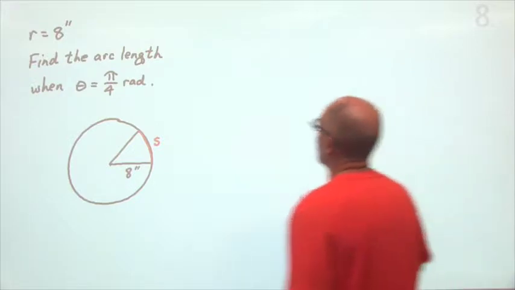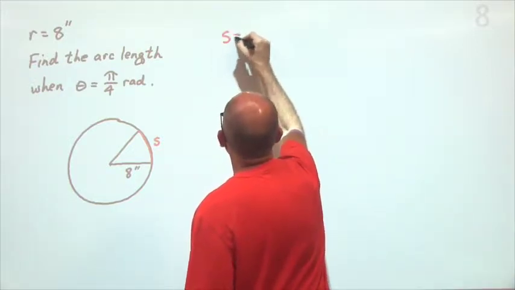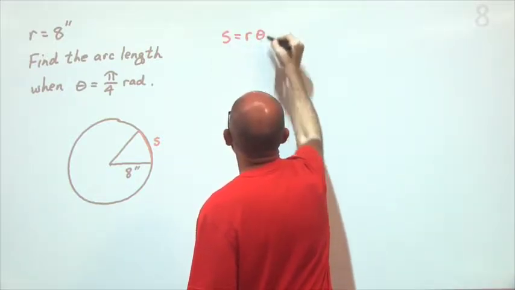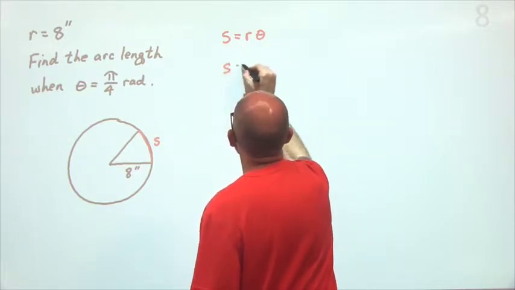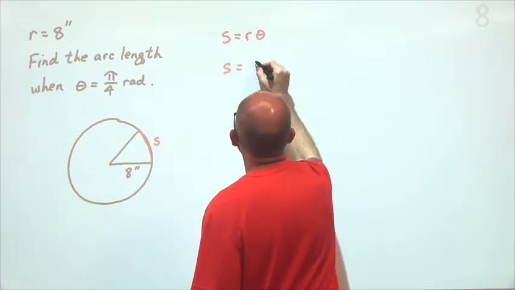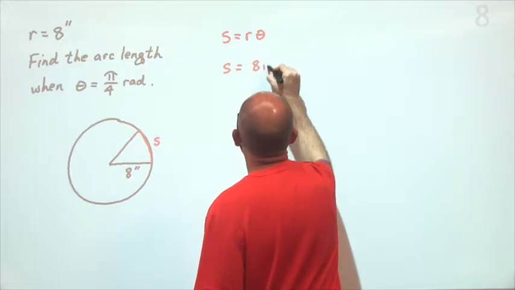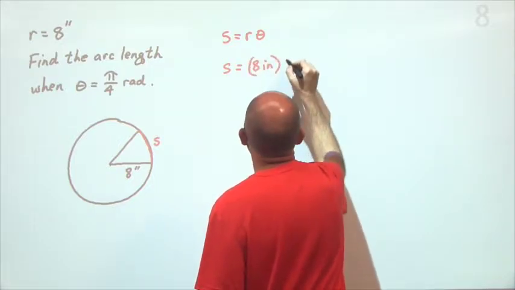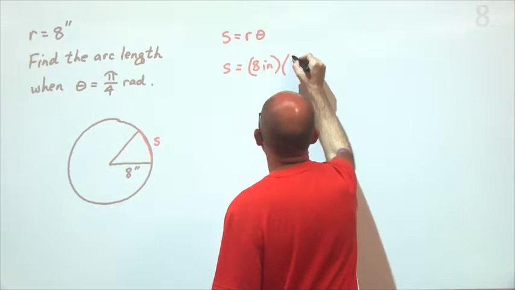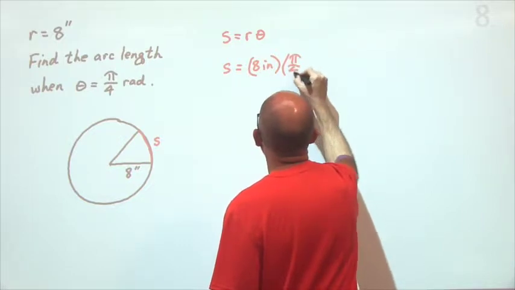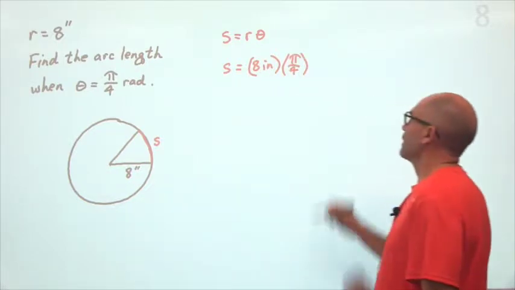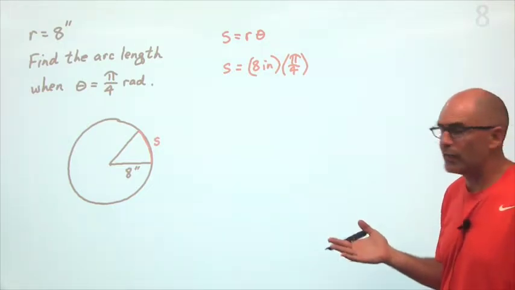Well, we know that s equals r theta. So that means s equals 8 inches times pi over 4. Now, I don't need to put pi over 4 radians because remember, radians is not a unit.